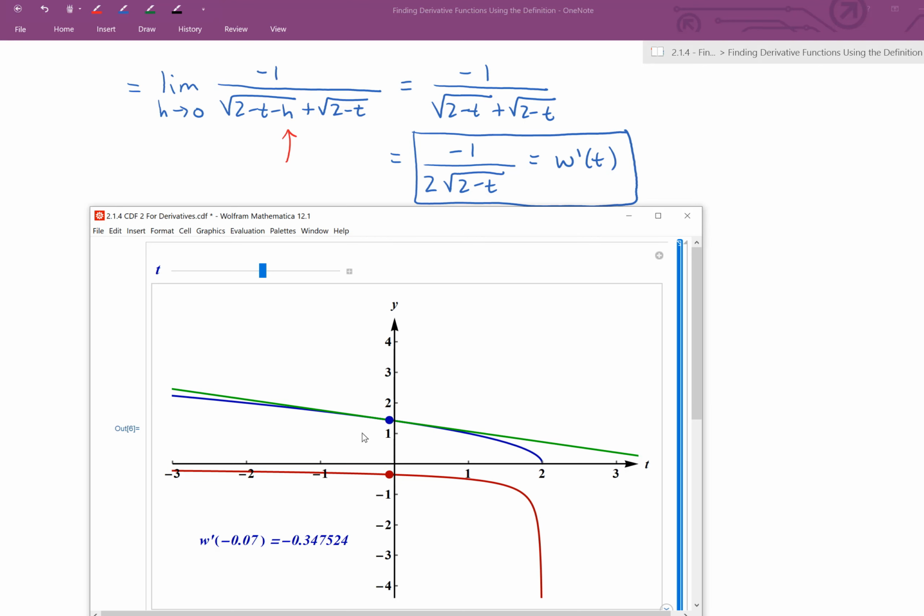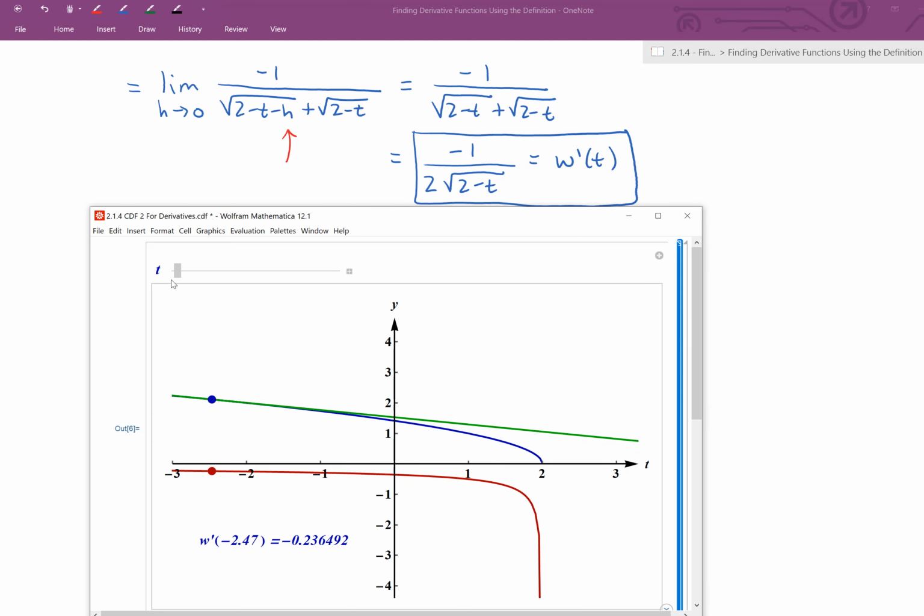Okay, so of course, as we move around, we can see all the way from negative infinity up to 2, the function itself, the blue graph, which is square root of 2 minus t, it's a decreasing function, right? And so the red graph we see, which is the derivative function w prime, notice it's always below the t-axis, and it's negative for that reason, right?